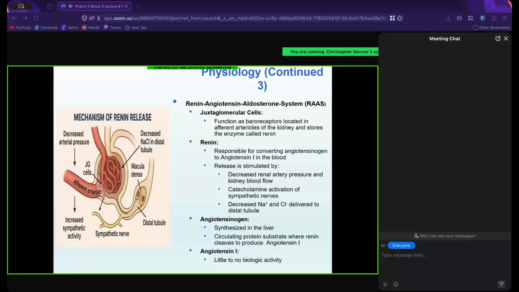It's biologically inactive, right? It does nothing in our bodies. So it's an inactive precursor. But angiotensin 2 does a whole lot in our bodies and in the RAS system and for fluid and electrolyte control. But angiotensin 1, its only use is to be converted to angiotensin 2 by, guess what?